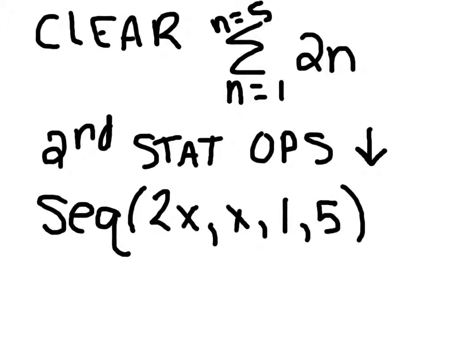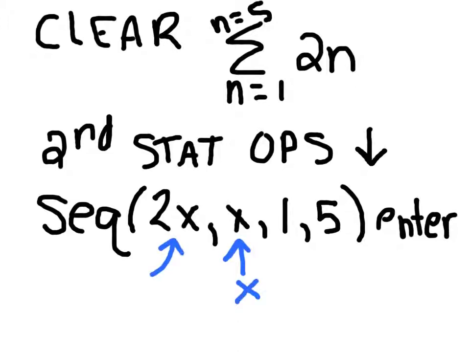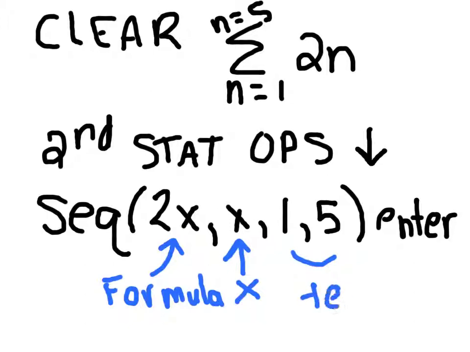If you type it in like this and then hit enter, and if you're doing this for other problems, this x always stays x, but this part right here is where your explicit formula goes. And right here is how many terms you will need. So 2x, comma x, comma 1, comma 5.